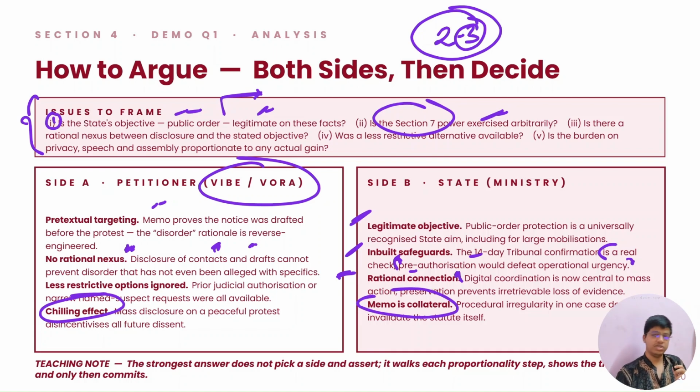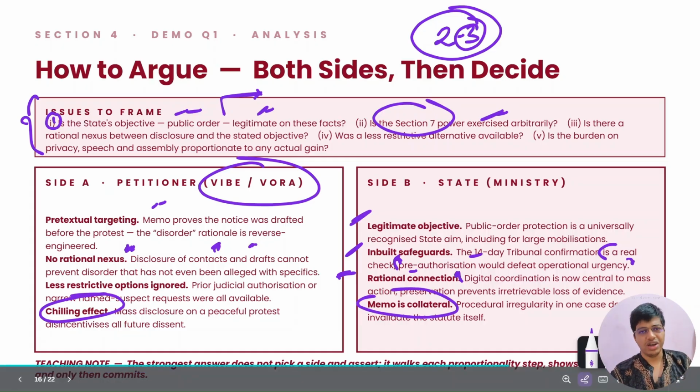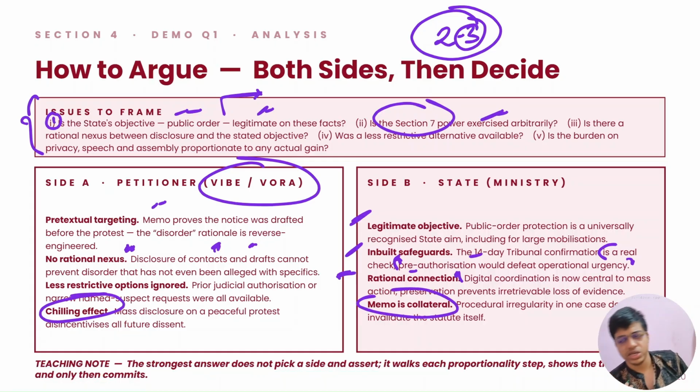Wherever, this strategy we talked about in lecture number 3 also, I believe, wherever there is a strong counter argument against you that can weaken you, bring that counter argument, accept it. But how do you deal with it?